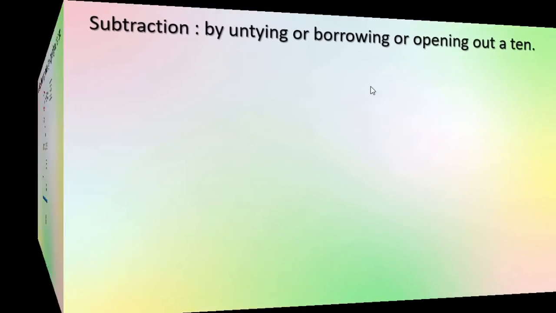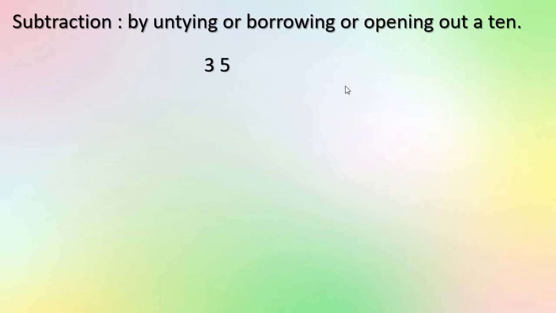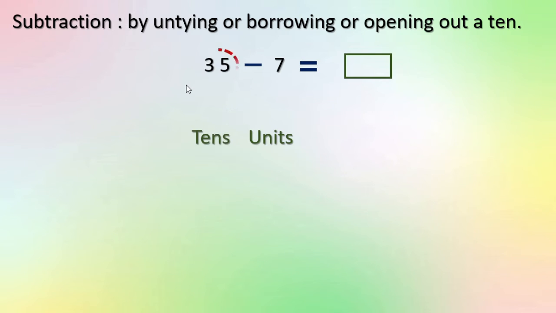Okay, one more we will try. 35 minus 7 is equal to how much? Okay, here 35. How will we write? Here also 7 is greater than 5, correct? So we will untie one of the 10.